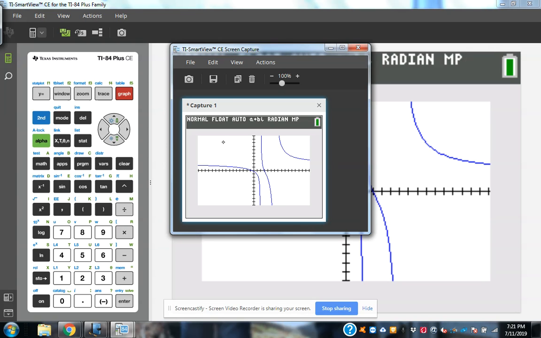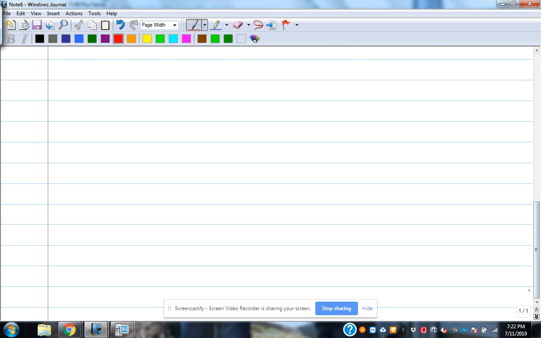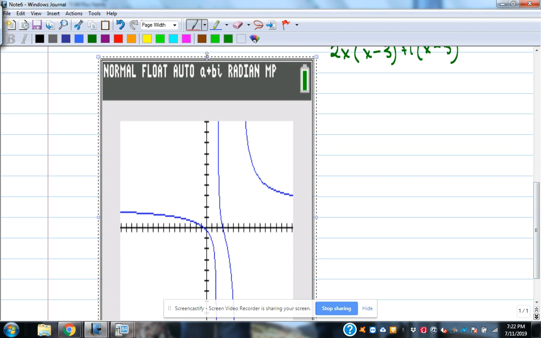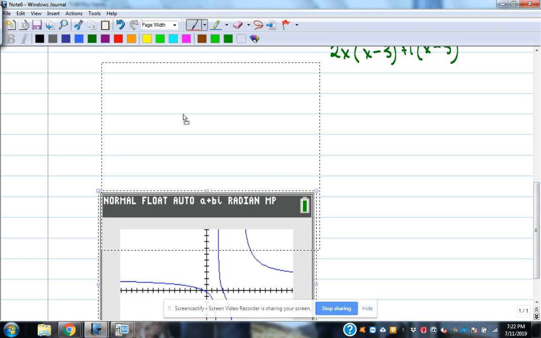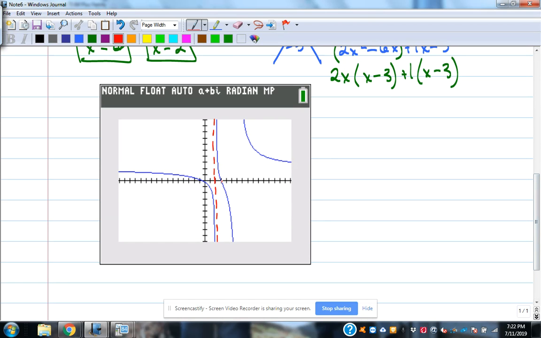And I'll copy and paste this to my notes so that we can draw that in there. All right, so there would be a vertical asymptote right here. That's the 2, and 3, 4, 5, 6.